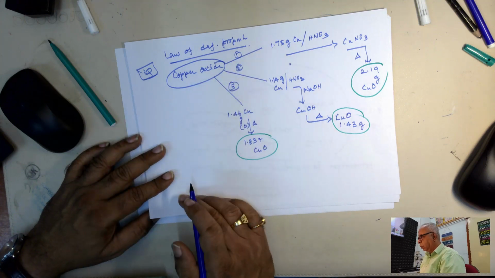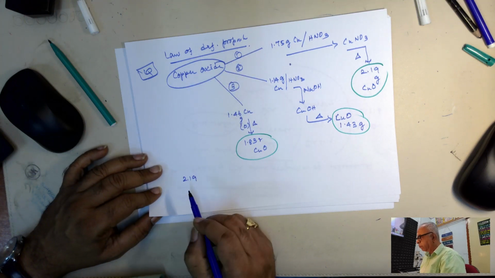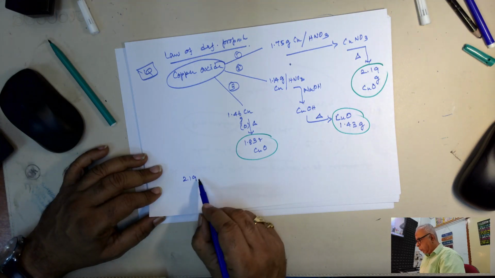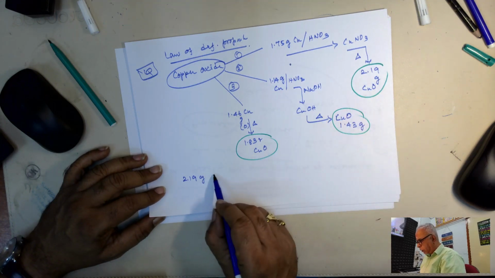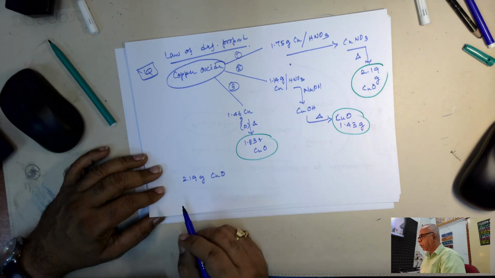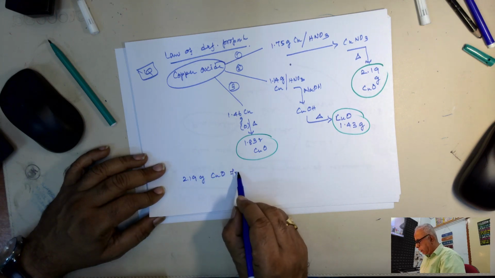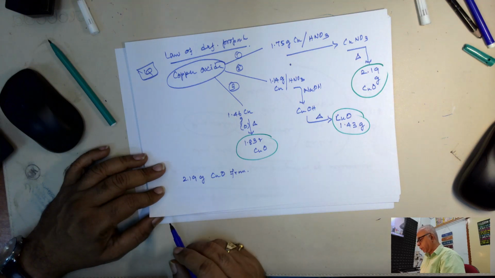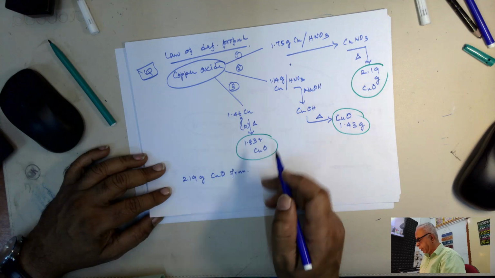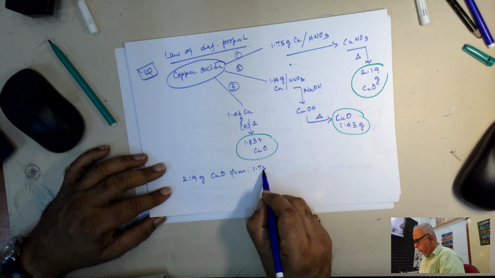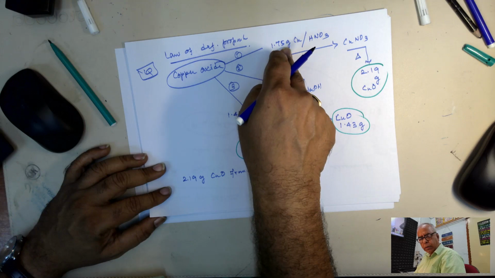Okay, so note down: 2.19 gram copper oxide, that is CuO, that is obtained from how much copper? 1.75 copper. Is it not? It should have come only from this copper.